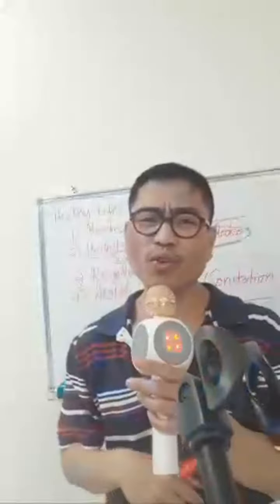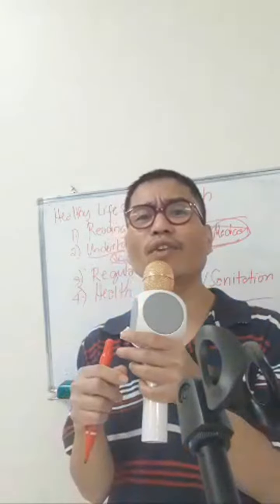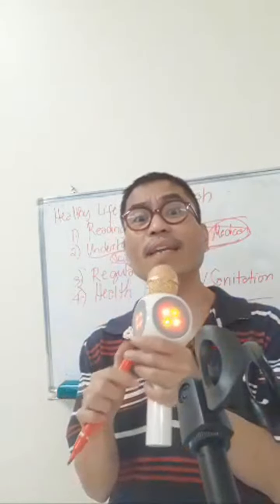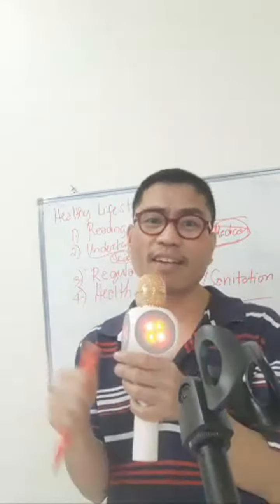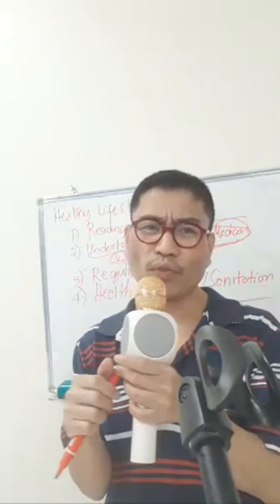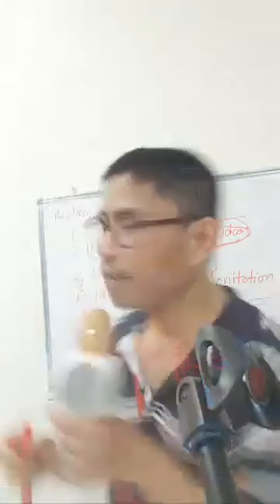So that if you don't have money, there will be no problem for you to buy the medicine, because medicines are very, very expensive nowadays. Medicines, whatever, paracetamol, maintenance medications for your diseases, high cholesterol, high blood sugar, and a whole lot more.